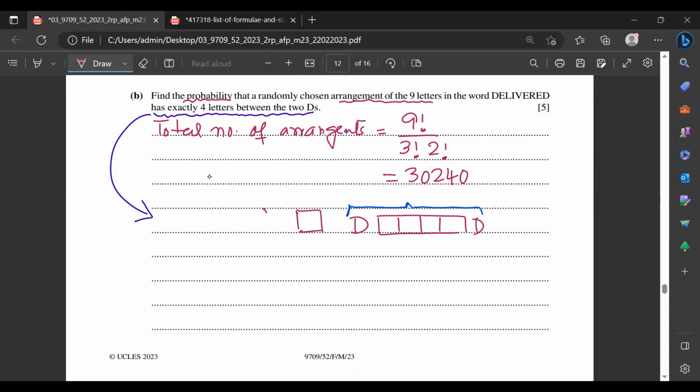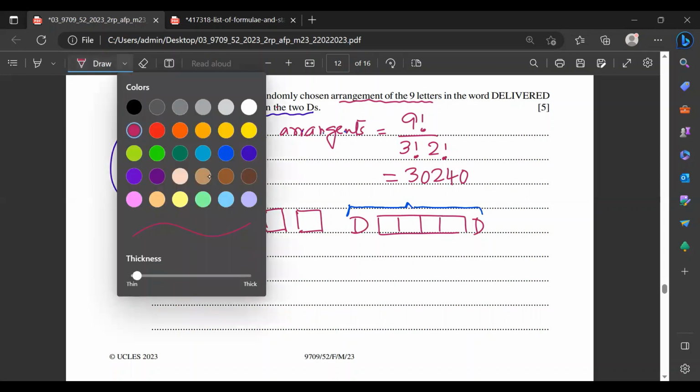1, 2, 3. The point is that we want arrangements in which there are exactly 4 letters between the two D's. So I made a group for the D's and 4 letters in between.